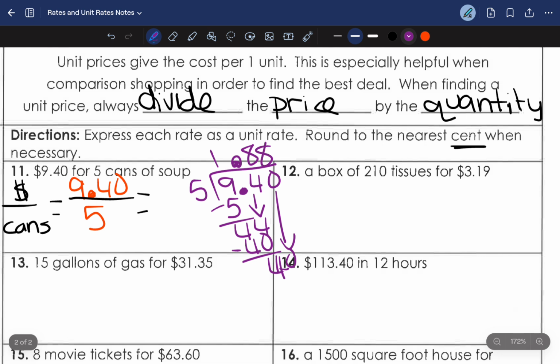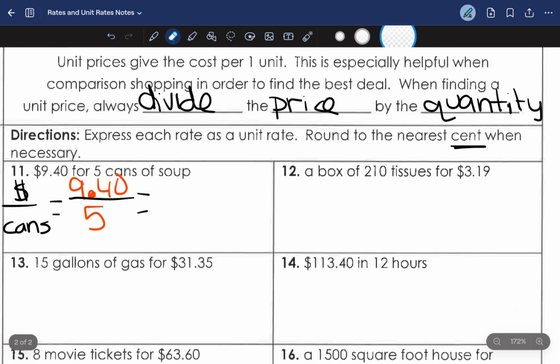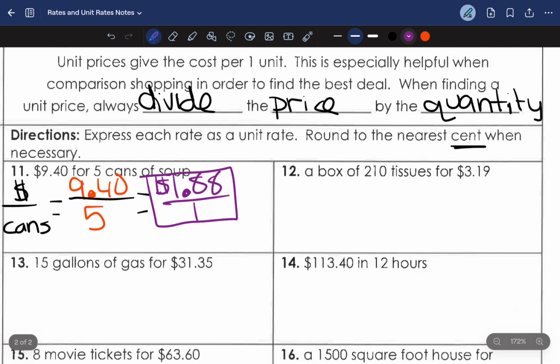All right, so I'm going to erase that just because I need space to write. But y'all know how to divide, so today's going to be an easy day. Anyways, so it is 1.88 over 1. So what that means is it's $1.88 for 1 can of soup.